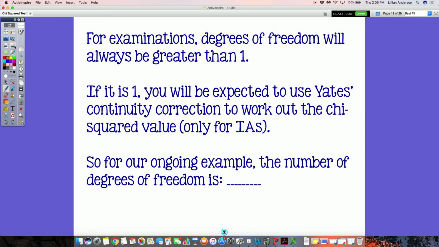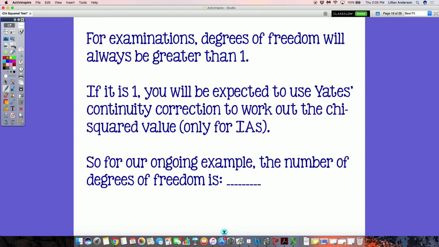So, for exams, your degree of freedom will always be greater than 1. So you'll never have to worry about what the next bullet is talking about. If your degree of freedom is 1, then you'll be expected to use a Yates continuity correction to work out the chi-square value, not the formula that we used for step 2.